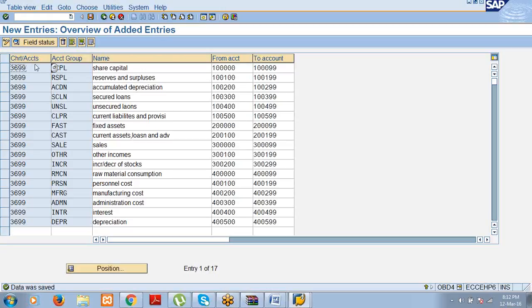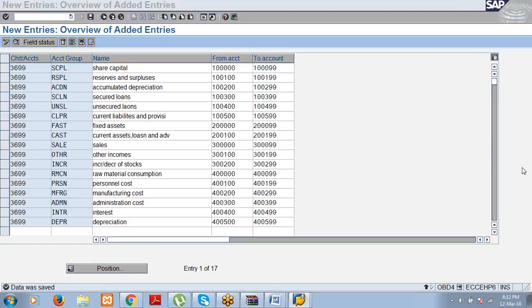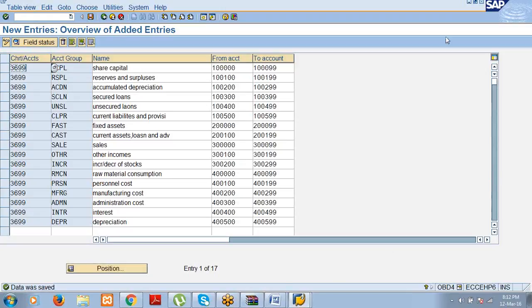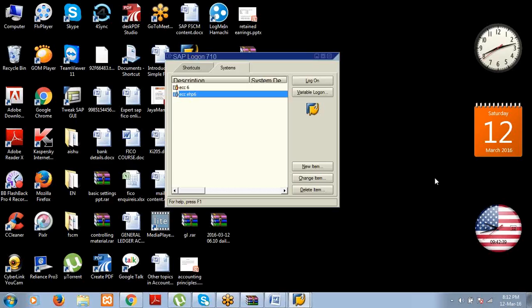Now, I am looking into the question posted by Shailaja. What if the transactions posted exceed the number range provided? Can we create the same account group and create a number range?